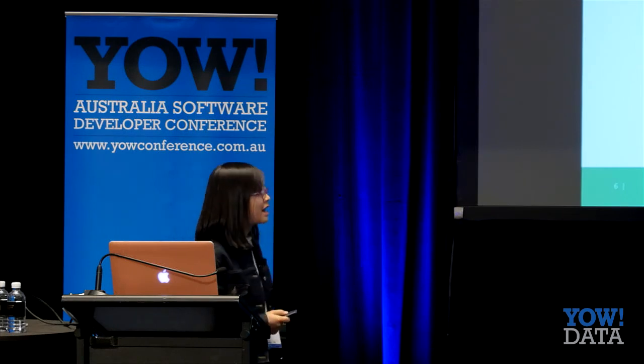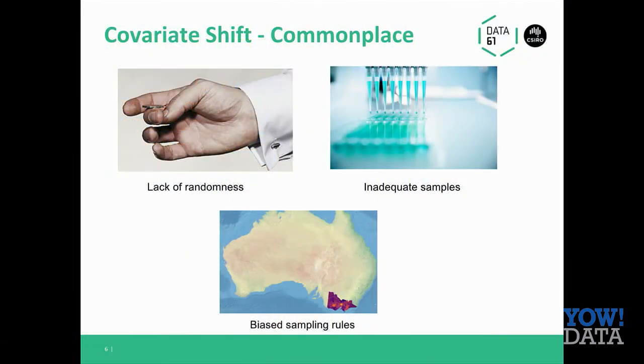Actually, covariate shift is very common in real-life projects. Say your training sample might suffer from a lack of randomness, or due to limited time and budget, you end up with inadequate samples. For instance, we all know it's very expensive to get samples for medical-related projects.